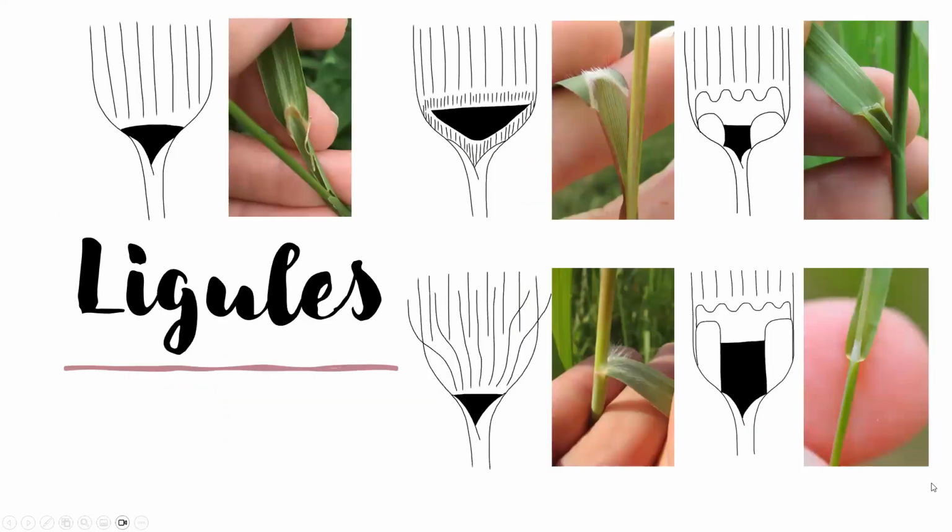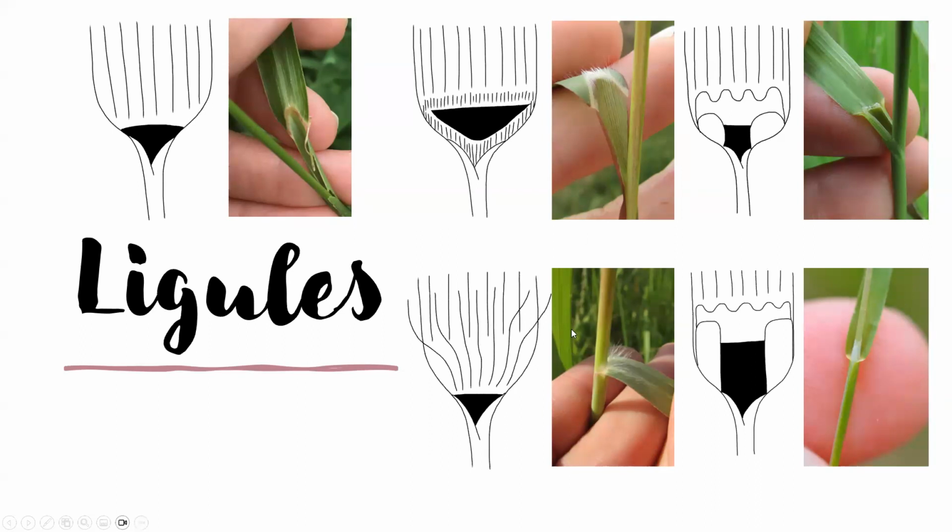The main thing that we are looking for is a structure called a ligule. Ligules come in different shapes, sizes, and colors, and they are a great differentiating characteristic between the grasses. In general, they come in 3 forms. We can have no ligule, so it's not even present.